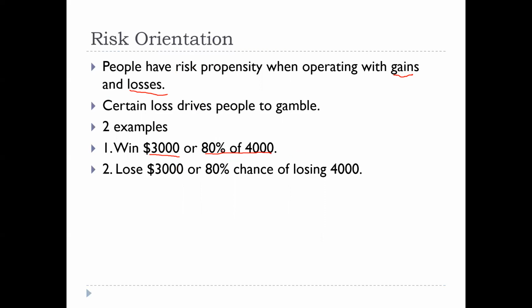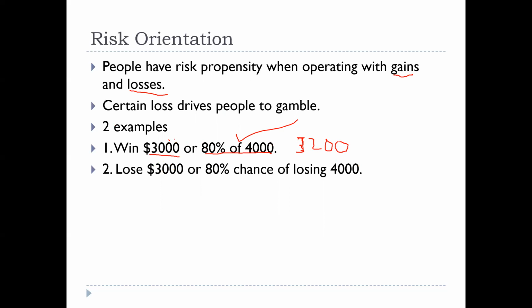Now, according to expected utility, this is worth $3,000 because you get $3,000 with certainty times 100%. And this is worth $3,200. So the gamble here is actually higher in terms of your expected utility. Over time, you would win more money by taking the gamble.